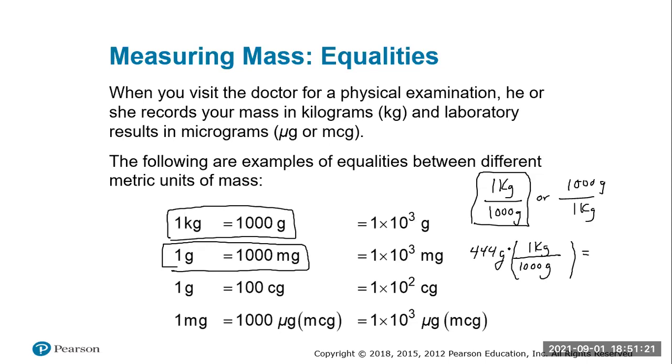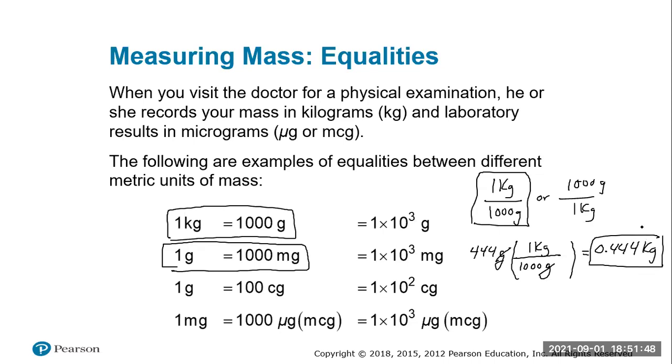And dividing grams by grams will cancel out those units. Math-wise, what we're doing here is 444 times the top number, which is 1, hit equals. We're going to divide by the bottom number, which is 1,000 in this case. This gives us 0.444 kilograms.